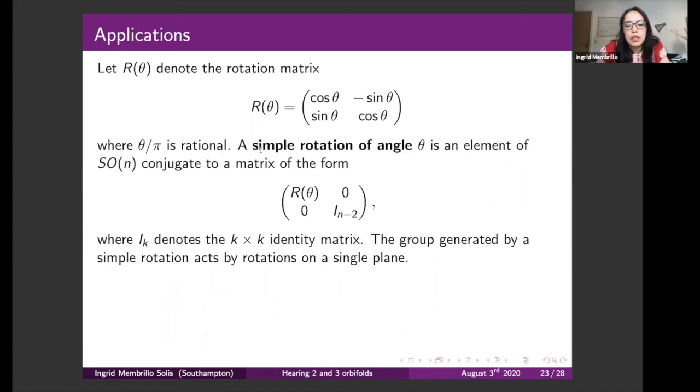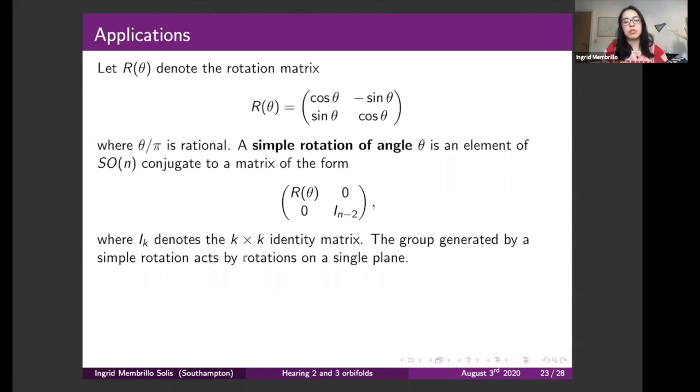And we will say that a simple rotation of angle theta is an element of SO(n) which is conjugate to a matrix of this form, where I_k denotes the k by k identity matrix. I'm sorry for the typo here. The group generated by a simple rotation acts by rotation on a single plane.